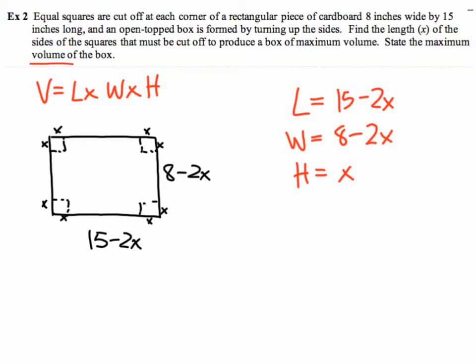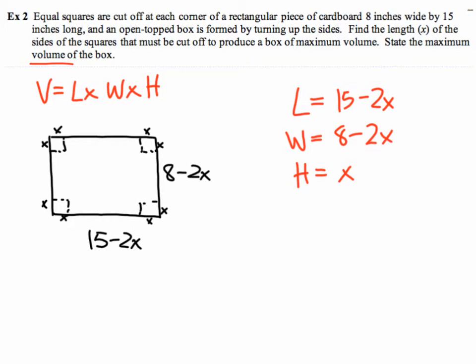State the maximum volume of the box. So what I know is that volume of a box is length times width times height. And I've drawn my diagram below where my width was 8, my length was 15, and I've cut out in each corner the length x out of the side so that I can turn up that box.